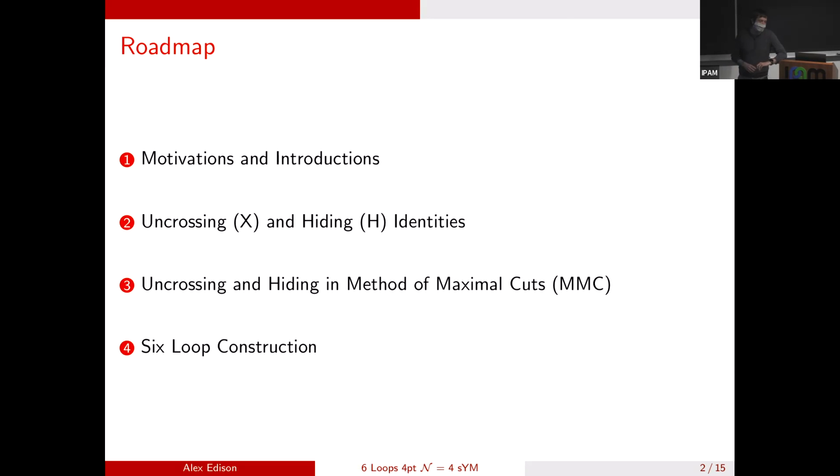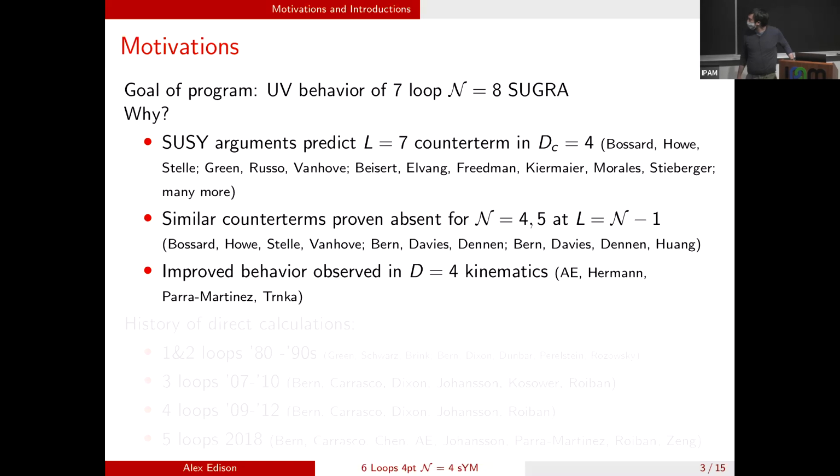So that will lead into talking about how these new identities work inside the method of maximal cuts and what they can do for you in calculating higher loop diagrams. Finally, I'll discuss 6 loops briefly. You have to understand everything in 6 loops is enormous. I will not show any explicit 6-loop numerators, just a couple of nice pictures.